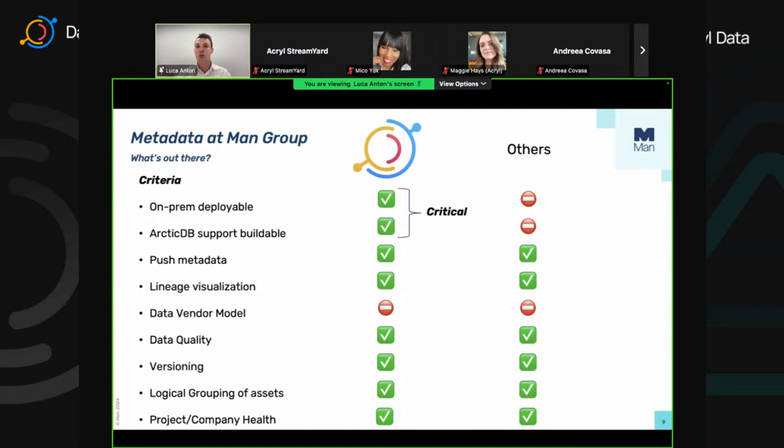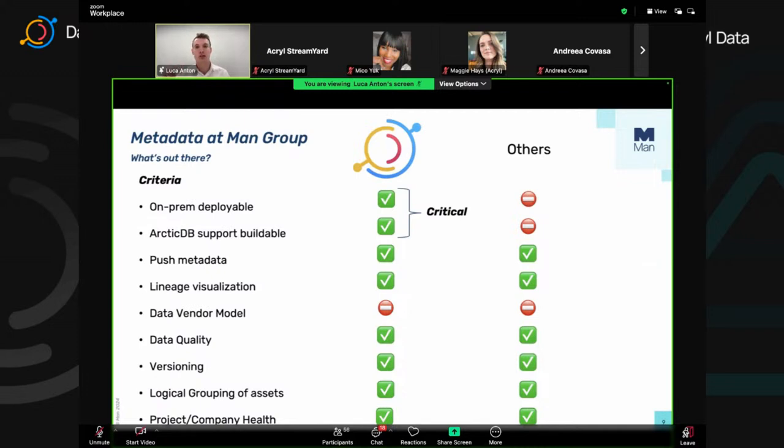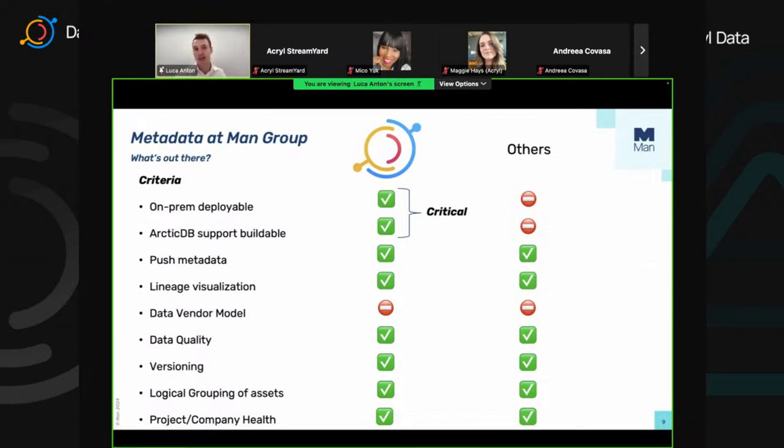On this slide, we're comparing DataHub with a sort of hypothetical competitor, because after looking at many of them, they were quite similar in their offering. And two criteria that I want to focus on, the two most important criteria for us, were whether it was on-prem deployable. Due to the nature of our financial services business and the way our infrastructure is set up, this was non-negotiable really.